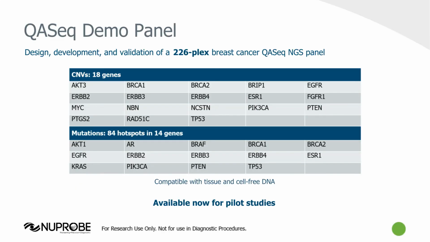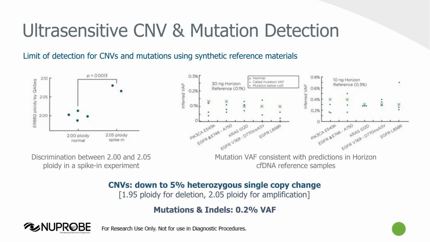We currently have an internal panel built around breast cancer, which contains 226 amplicons in total, targeting 18 CNV genes and 84 hotspots in 14 genes. We first performed a series of experiments using synthetic reference materials to determine the analytical limit of detection for CNVs and mutations.